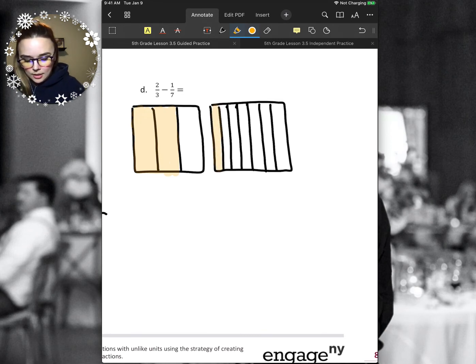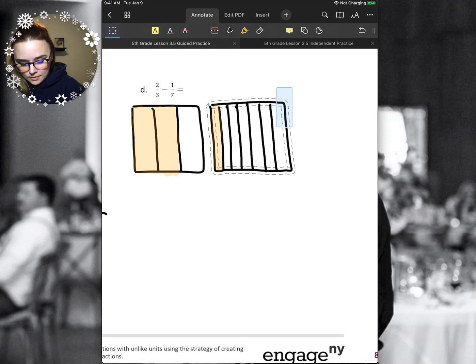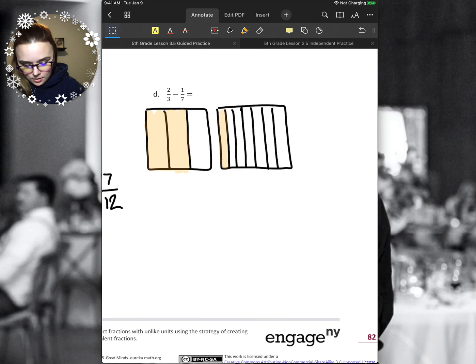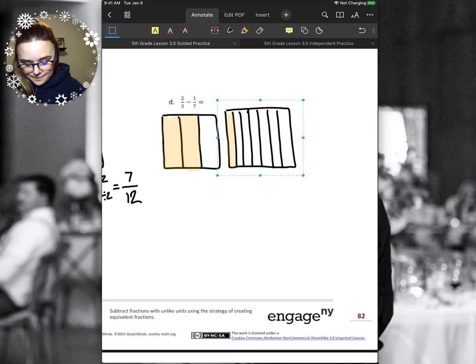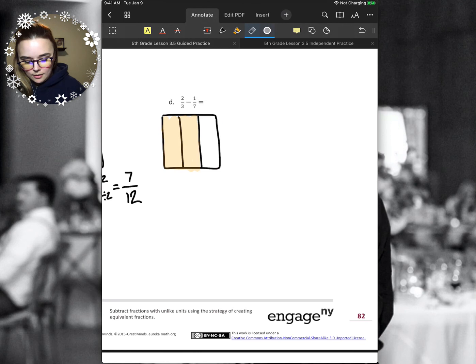Oops, actually, I need to fix this really quick. I wonder if I can flip this. I don't know if I can or not. Nope, I can't flip it. So I'm going to redraw this really quick. I'm sorry about that, y'all.